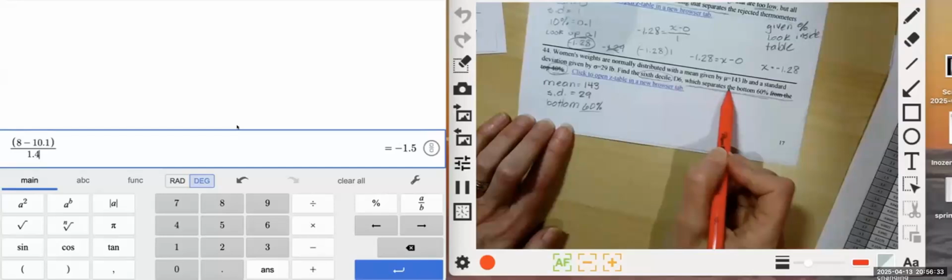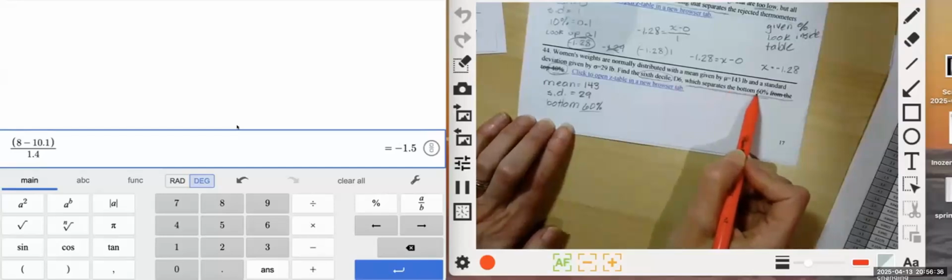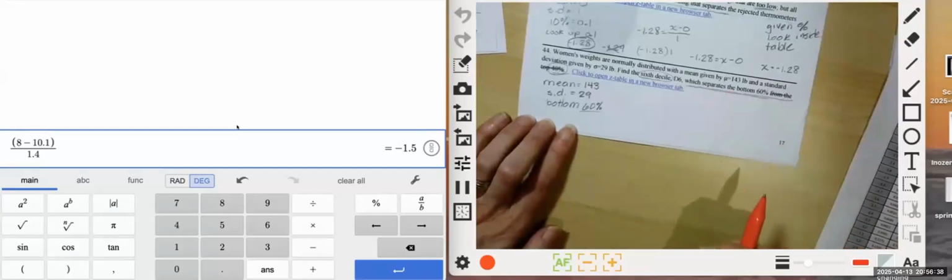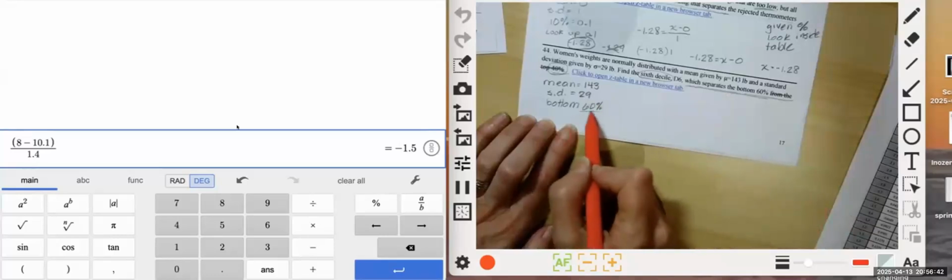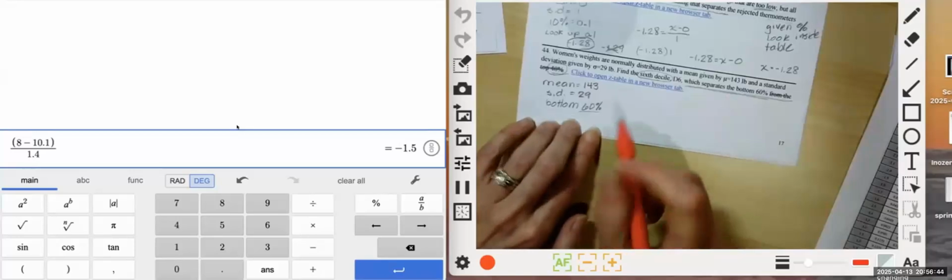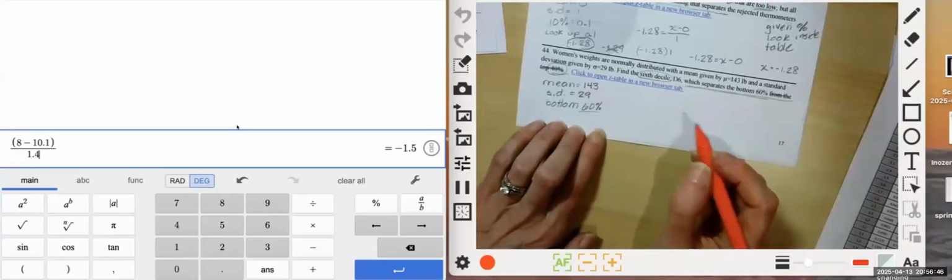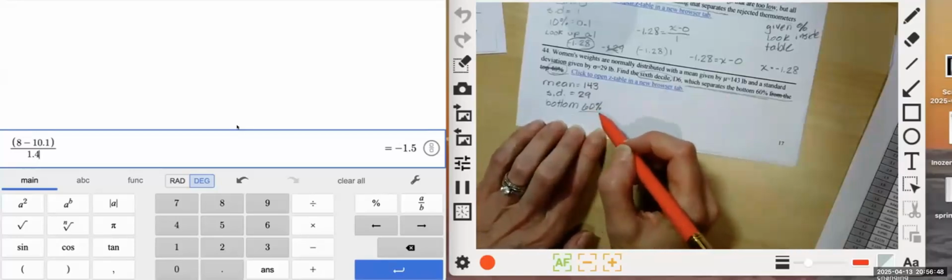Whereas with the 60%, we're not going to have to subtract at the end or change our percent or anything else. Okay, so we're going bottom 60%.